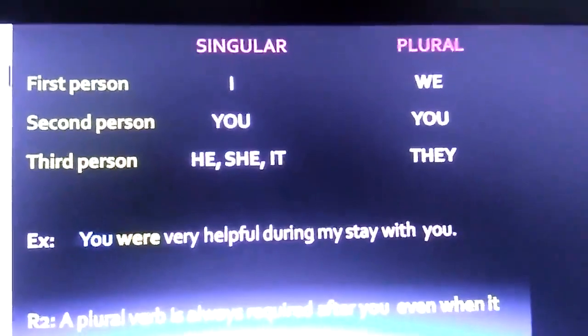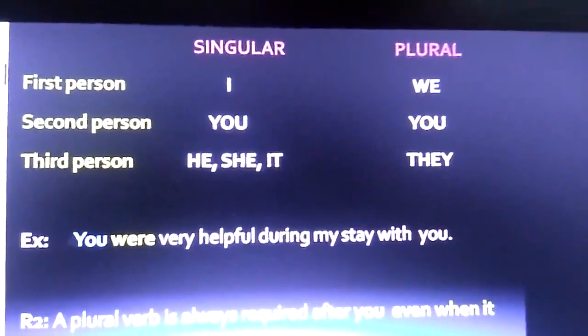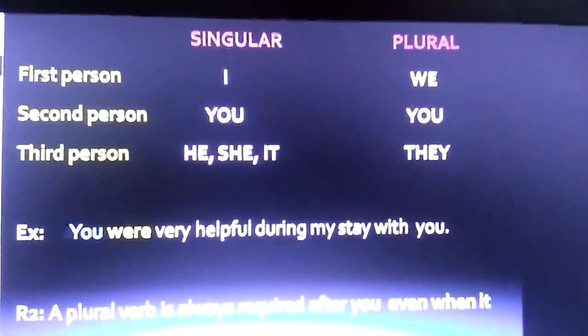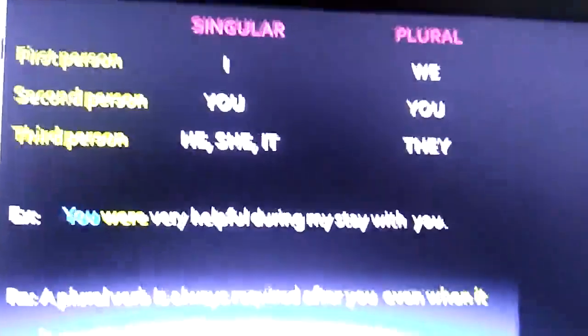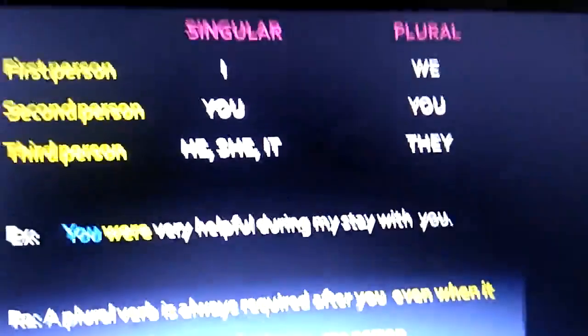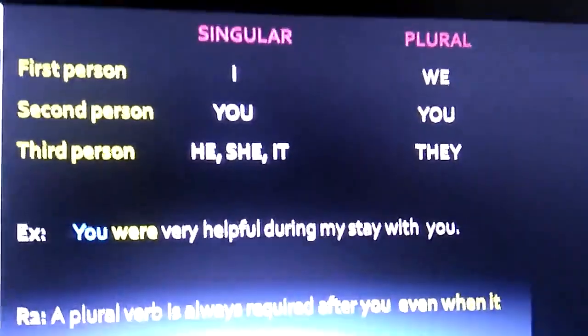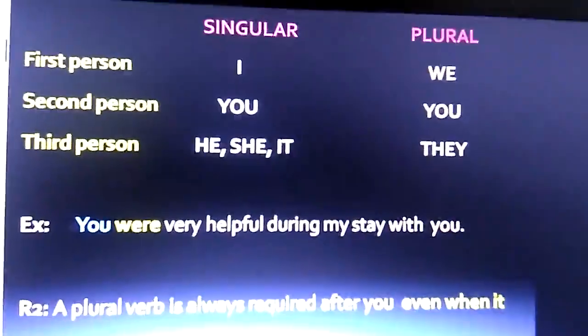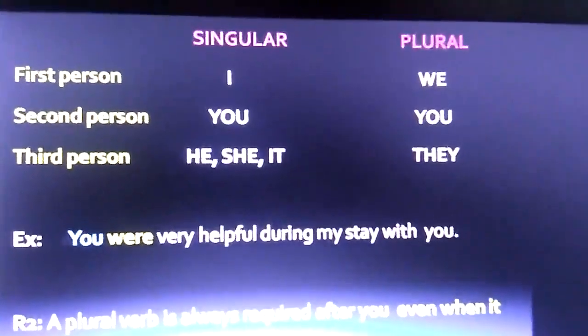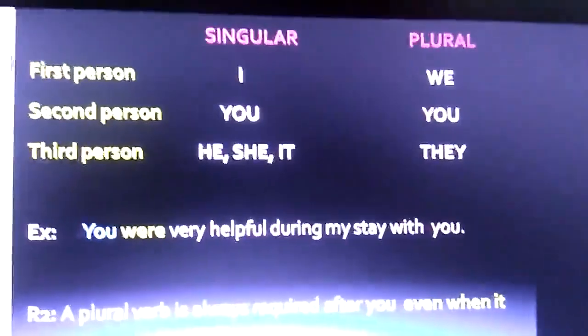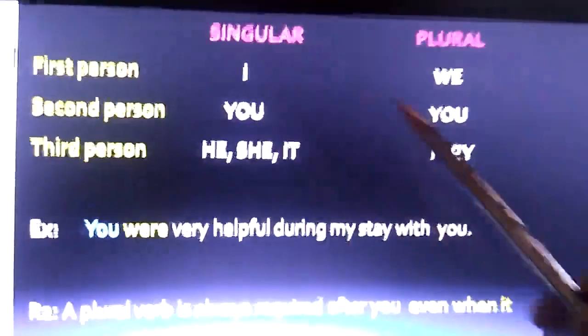Before going to the second rule, first we'll just come to know the basic thing. In English, we have three persons, and you all know that. First person means I, we. That means in singular it is I, in plural it is we. Second person, you, you.